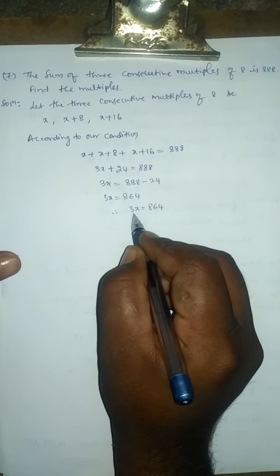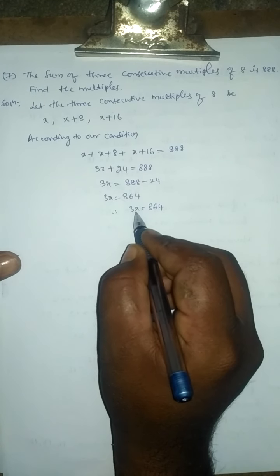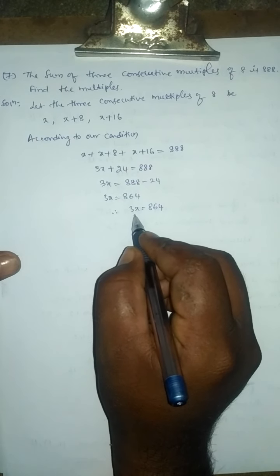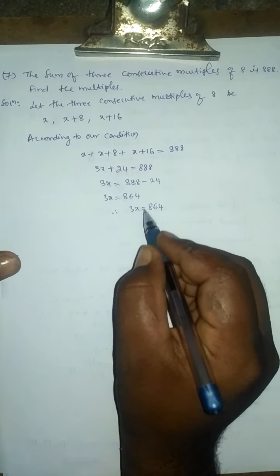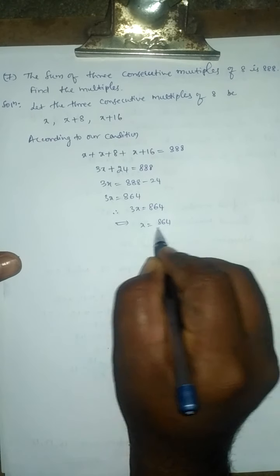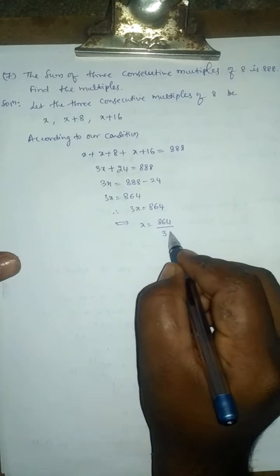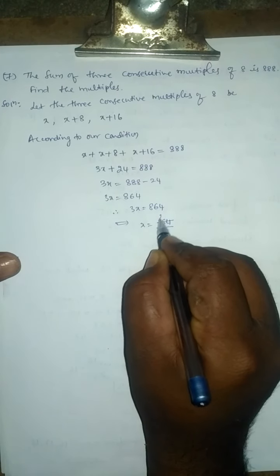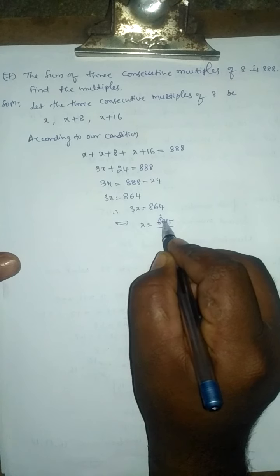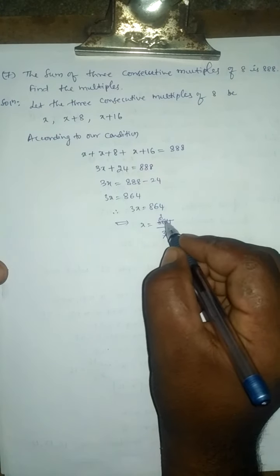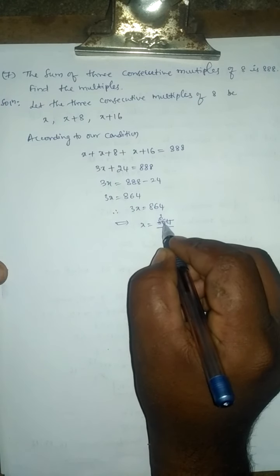Here 3 is in the form of multiplication with the variable. If you transpose this 3 from LHS to RHS, it will divide. So which implies x is equal to 864 divided by 3. So here if you simplify, again what happens? 3 ones are 3, 2s are 6, 2 is remaining. Again we have to go for, it will become 26.